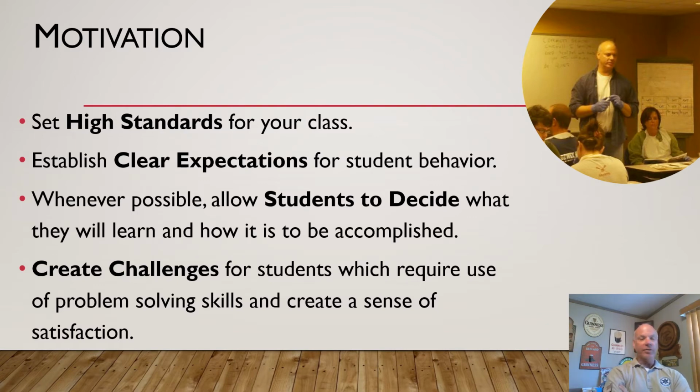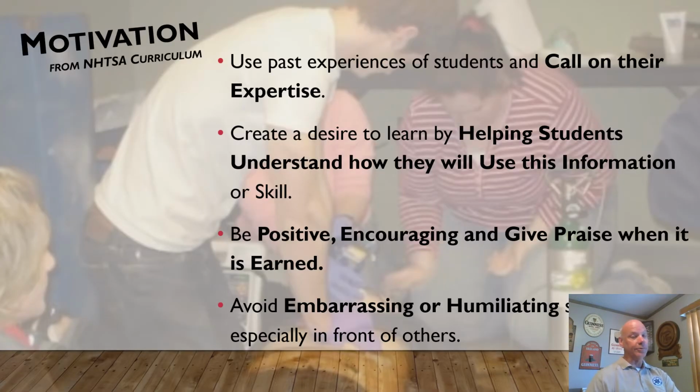Whenever it's possible, let the students decide stuff. And then you're going to create challenges. So when the students are such a big part of that, you're going to be whispering in their ear. You're going to be giving them some guidance on how to make it more challenging, or maybe how to rise to the occasion.